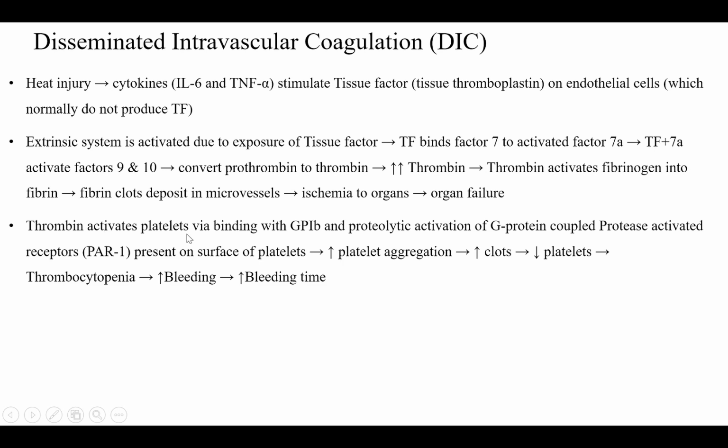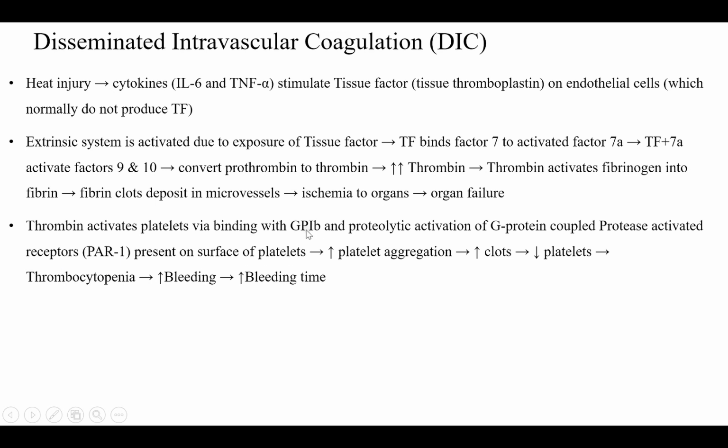Thrombin activates platelets via binding with GP1B, and proteolytic activation of G protein coupled protease activated receptors present on the surface of platelets. So GP1B and PAR, these receptors are present on the surface of platelets.